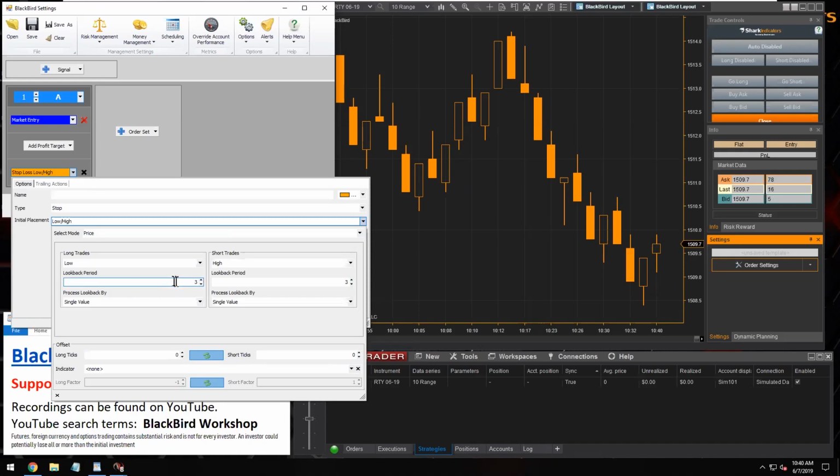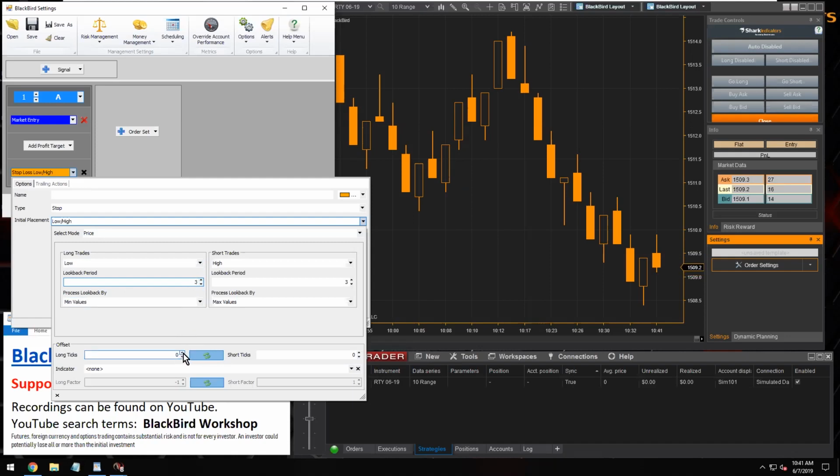We can set the look back period to 3, and then set the processing to the minimum value. This looks at the low price of the last 3 bars and finds the minimum value, so that would be the lowest low of the last 3 bars. A quick modification of that quick list, very easily done. So that's how you would find the lowest low of the last 3 bars.